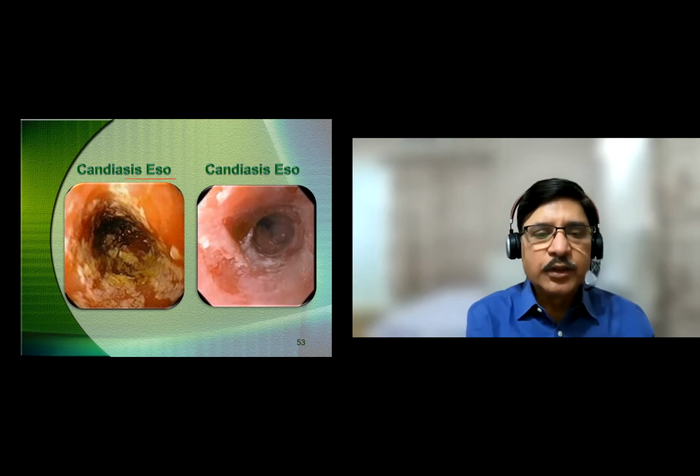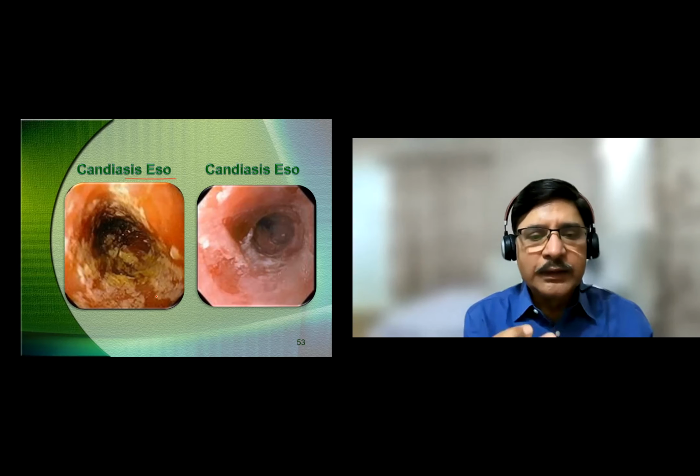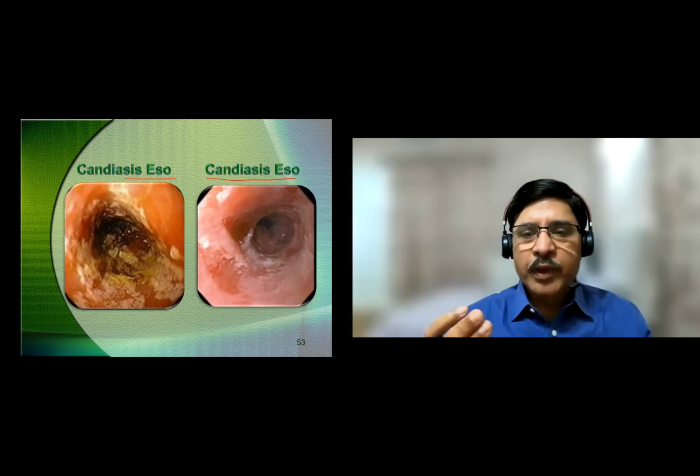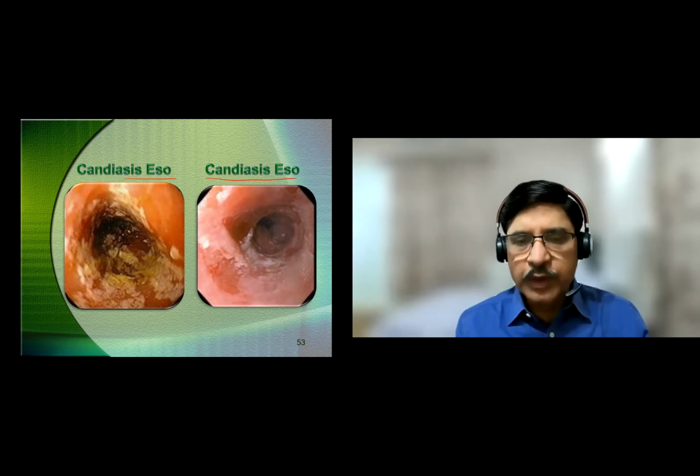Candidiasis of the esophagus: white, curd-like or yogurt-like flaky appearance on the lower esophagus. This is also candidiasis of the esophagus. You can see, like on the top of the milk, there will be a sort of settled cream, like that, a cream-like thing on the esophagus.